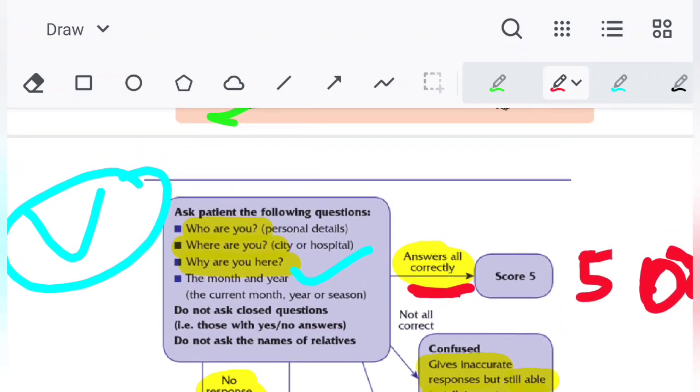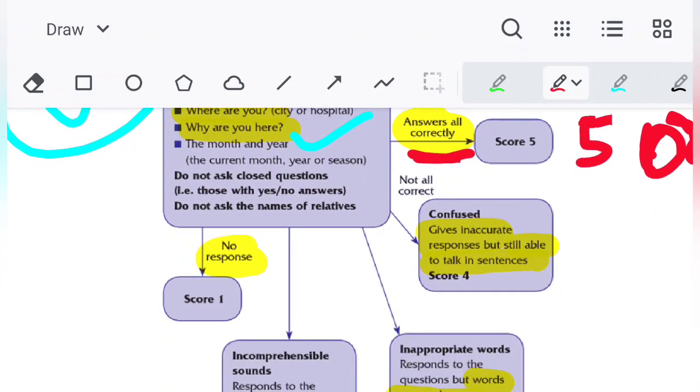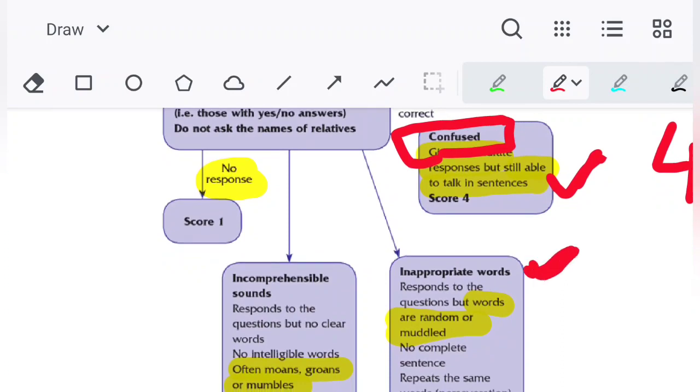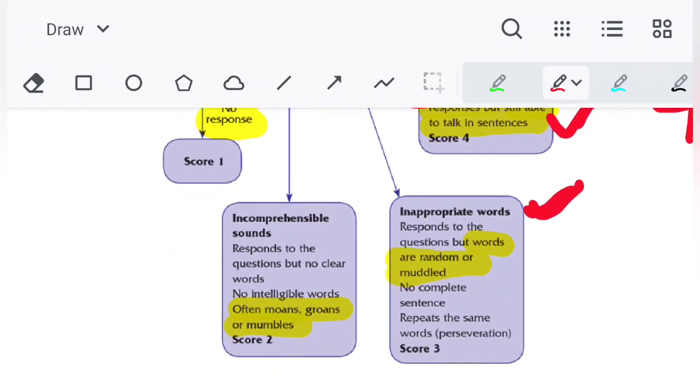Okay, so what next? If not all are correct but the patient gives inaccurate responses but is able to talk in sentences, the patient appears confused, so a score of 4 is given. Then inappropriate words are there, that is not complete sentences but some random words which are muddled, so a score of 3 is given.